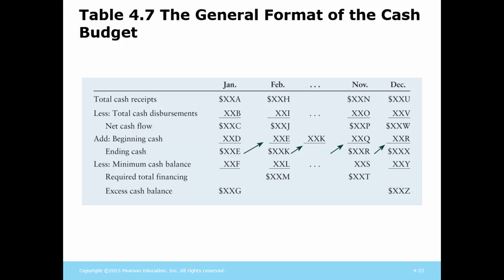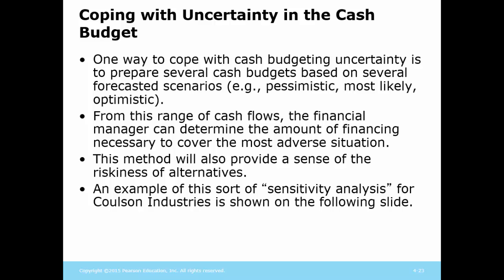Now, the difference between the ending cash and the minimum cash, if it's a positive amount, it means there's excess. If it's a negative amount, it means there is a deficit. This is what we're ultimately planning for. We're planning for this stream of required financing after we have incorporated the decision-making process.